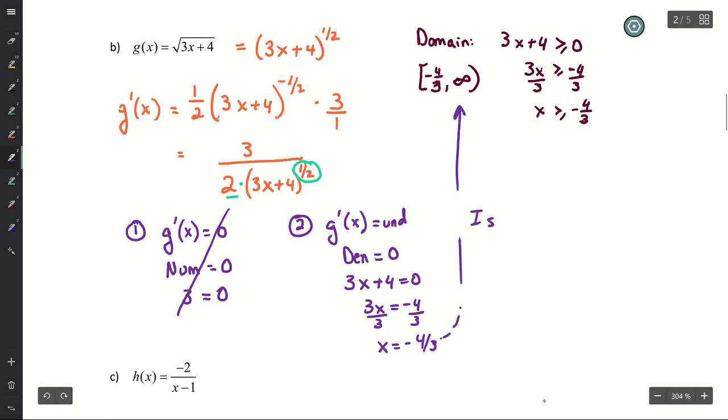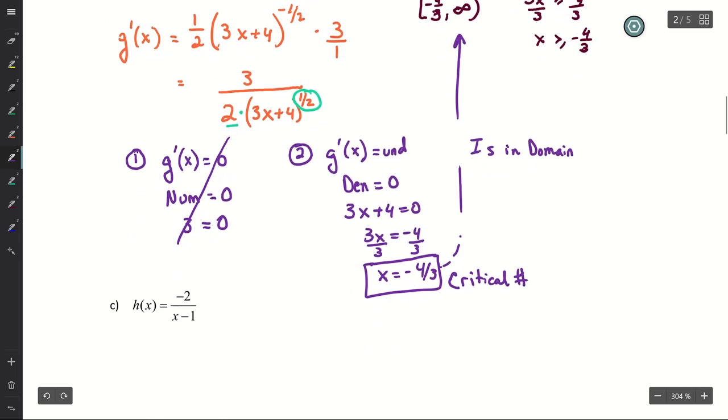So that particular value would be a critical number. All right, and that one's it.